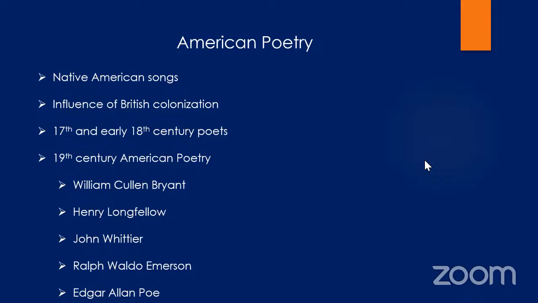The European way of poetry influenced American poetry after colonization. One of the first poets in this time period is Anne Bradstreet. We've talked about her a little bit in Unit 2, I think, who is considered one of the early women poets who wrote in English. She wrote on religious and political themes, about Puritan values.